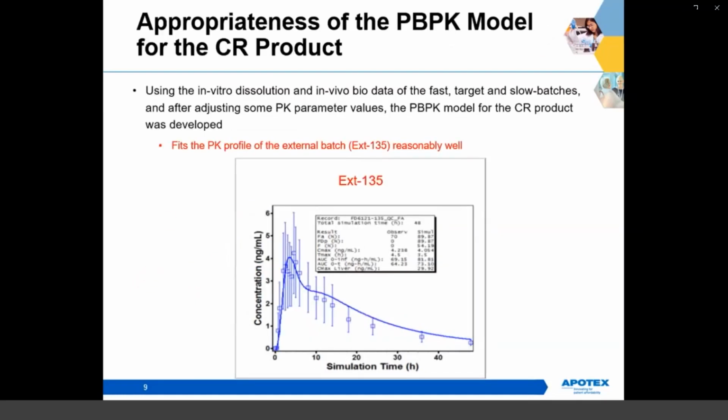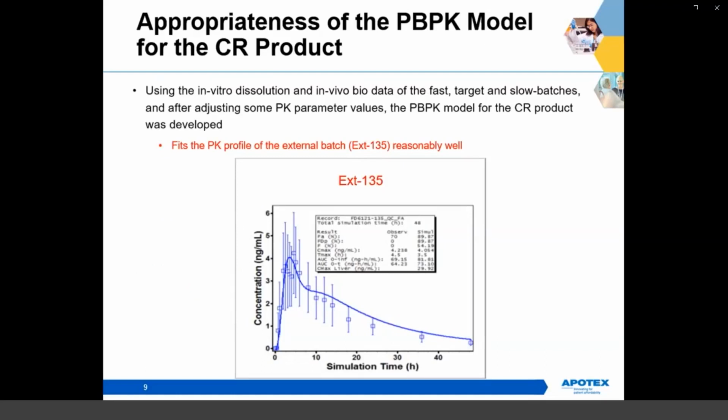The next step is to develop the PBPK model for the CR product. This was accomplished by using the dissolution and bio data of the fast, target, and slow batches. In addition, some PK parameter values were adjusted from their initial values that were mentioned in the previous slides.